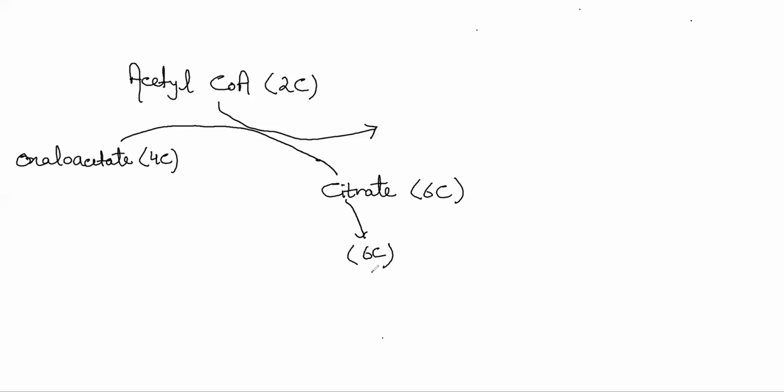After this 6 carbon compound, that gets decarboxylated. When we say it gets decarboxylated, it means a carbon dioxide molecule is released here. So this is decarboxylation. And now you can imagine one carbon has gone.